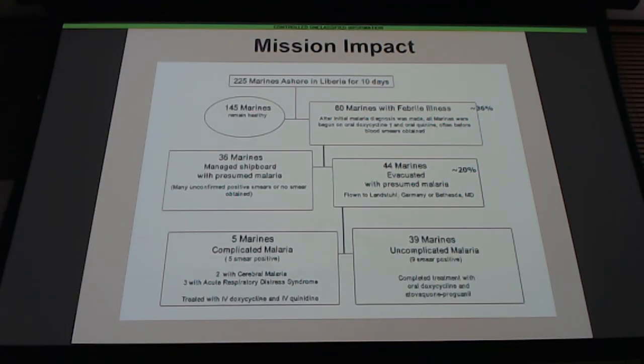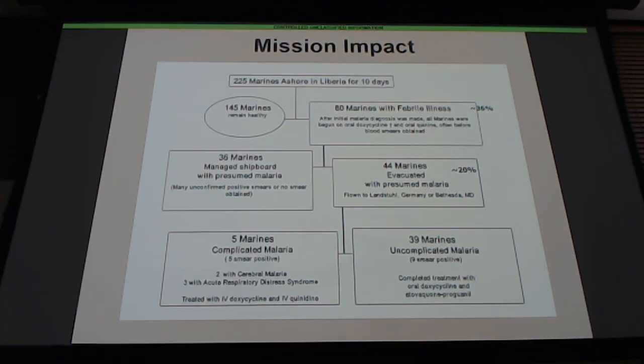I kind of like this one because it shows the impact when we talk about preventive medicine. It's 225 Marines on shore in Liberia for 10 days, right? Out of the 225, 145 of them remained healthy. 80 of them returned back with a febrile illness.